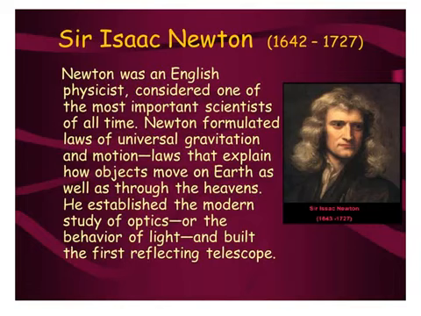Newton formulated laws of universal gravitation and motion, laws that explain how objects move on the earth as well as through the heavens. He established the modern study of optics, or the behavior of light, and built the first reflecting telescope.